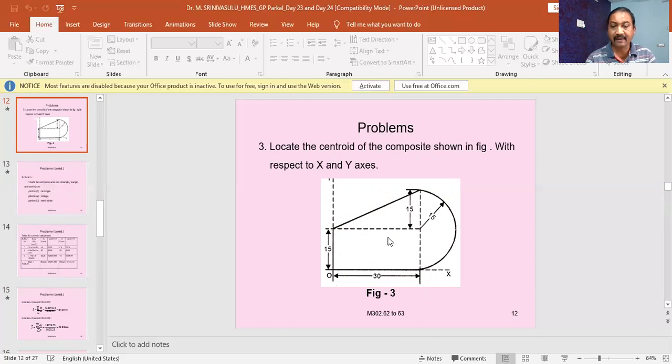So exactly, approximately at the point of the cursor, the centroid of the given figure is lying.